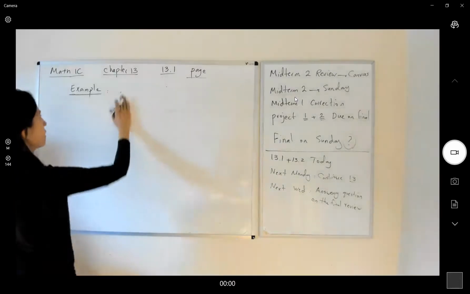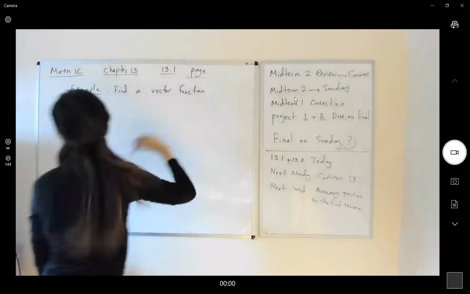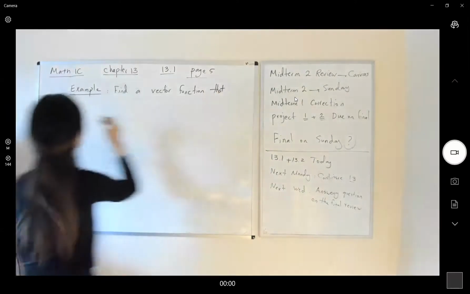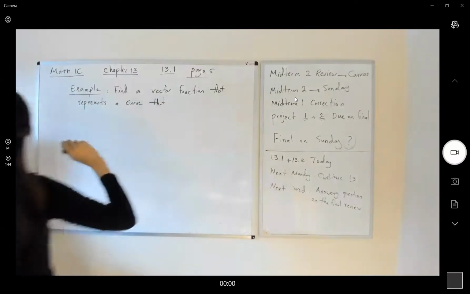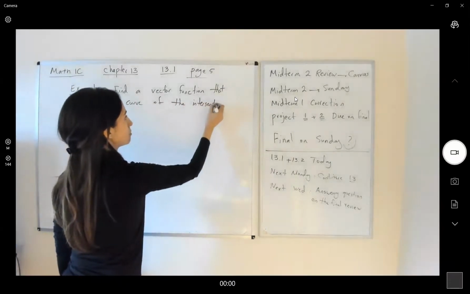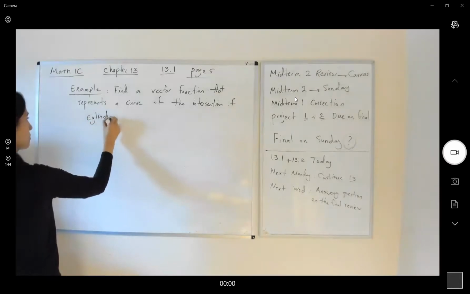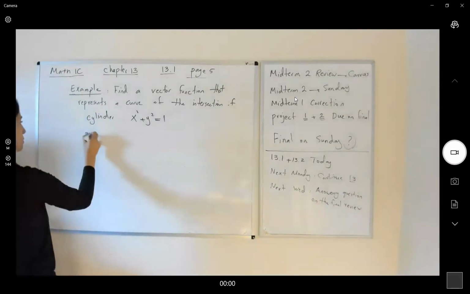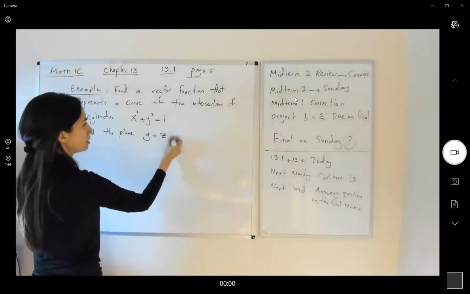This example says find a vector function that represents the curve of the intersection of the cylinder, which has equation x squared plus y squared equals 1, and the plane y plus z equals 2.